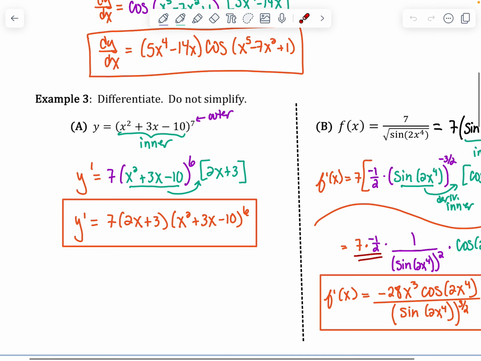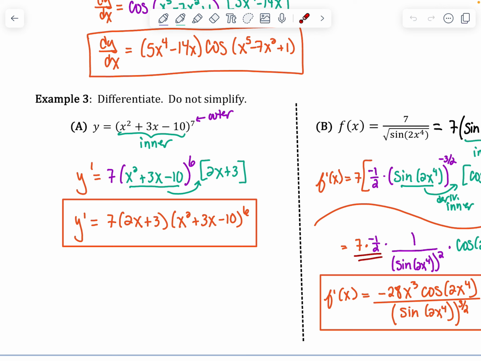A couple more examples, and we're not going to simplify just because we're concentrating on the big picture. I see a trinomial, but I see it to a power. That kind of locks this trinomial parenthesis set. So I'm focused on the derivative of something to the 7th power is to bring 7 out front, subtract 1 from 7 to get 6, and then copy that original, in this case, interior trinomial as is.